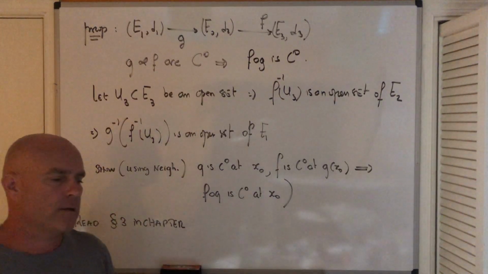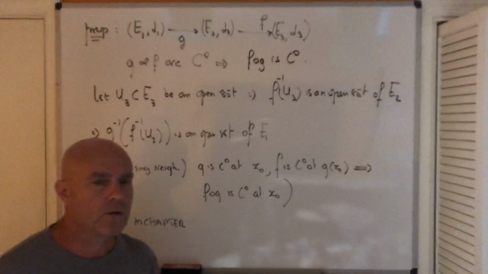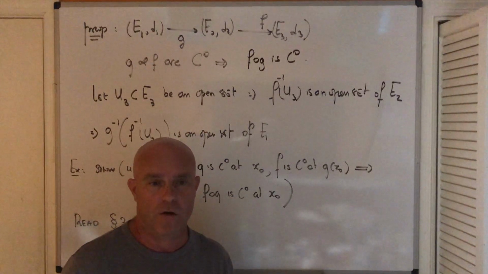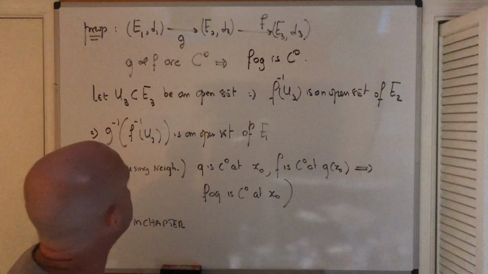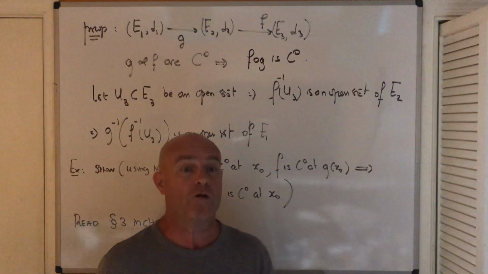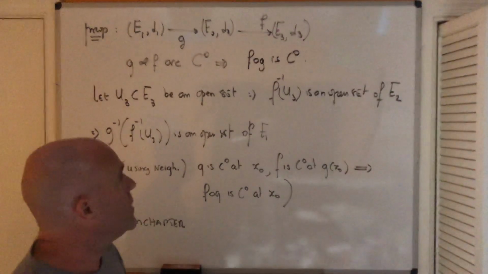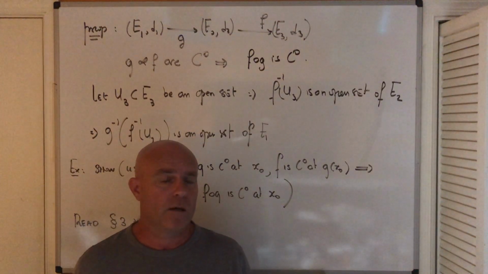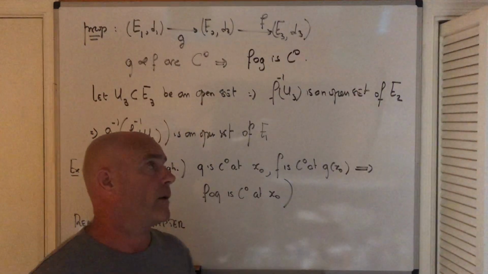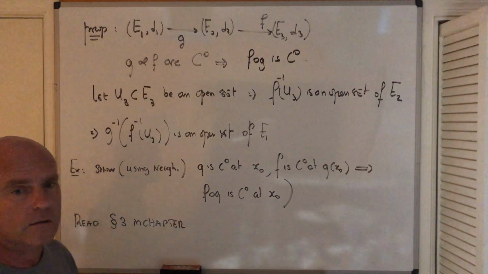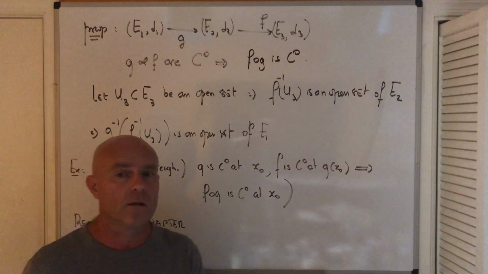Let's go back to the things we did in the real case, which you have seen in modern analysis. If those three spaces are, let's say, subspaces of R, intervals in R, we knew how to do this, but it really took time to show that the composition is continuous, and you really have to deal with the metrics.